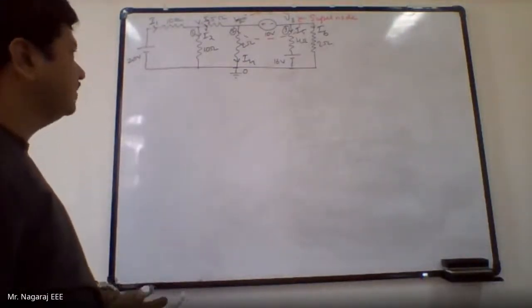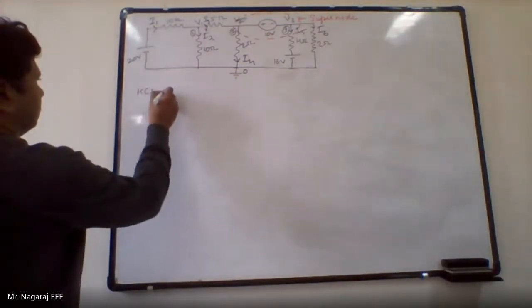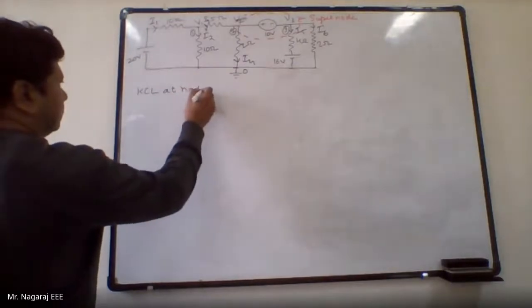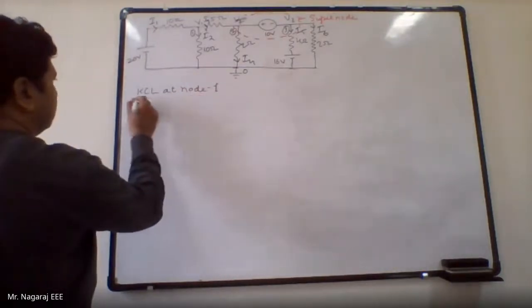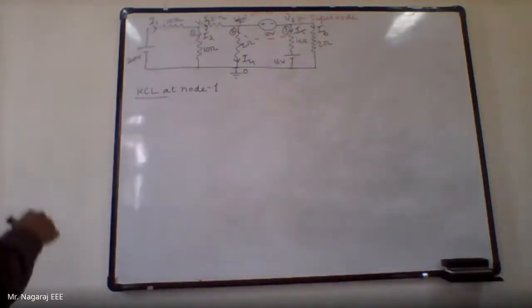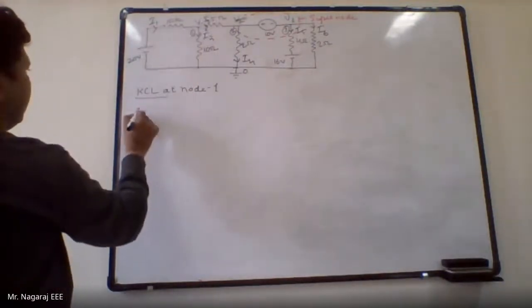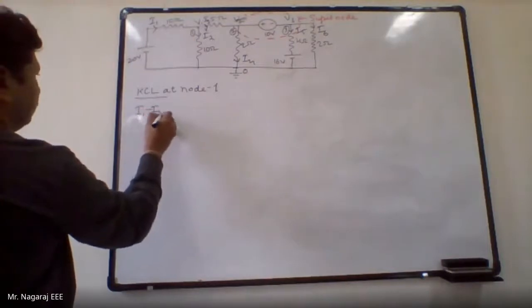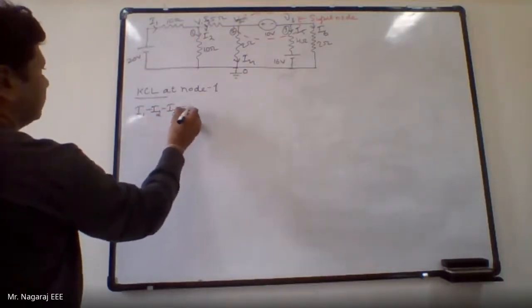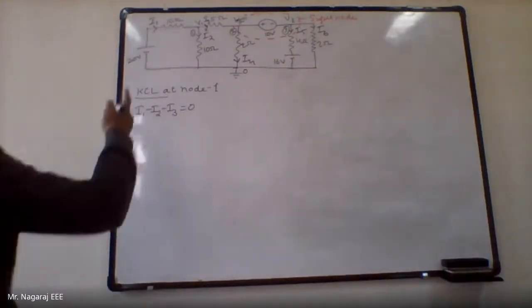Now write the KCL equation at node 1. Current I1 is entering, I2 is leaving, I3 is leaving. So I1 minus I2 minus I3 equals 0.